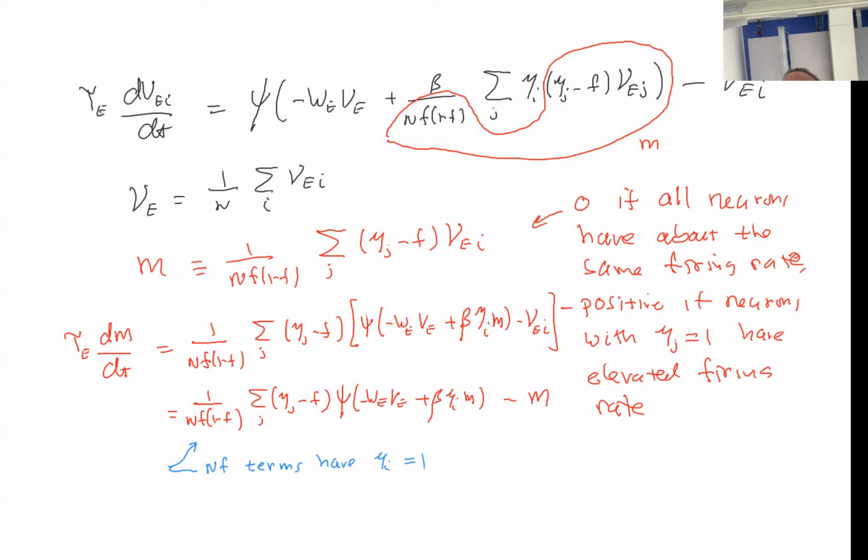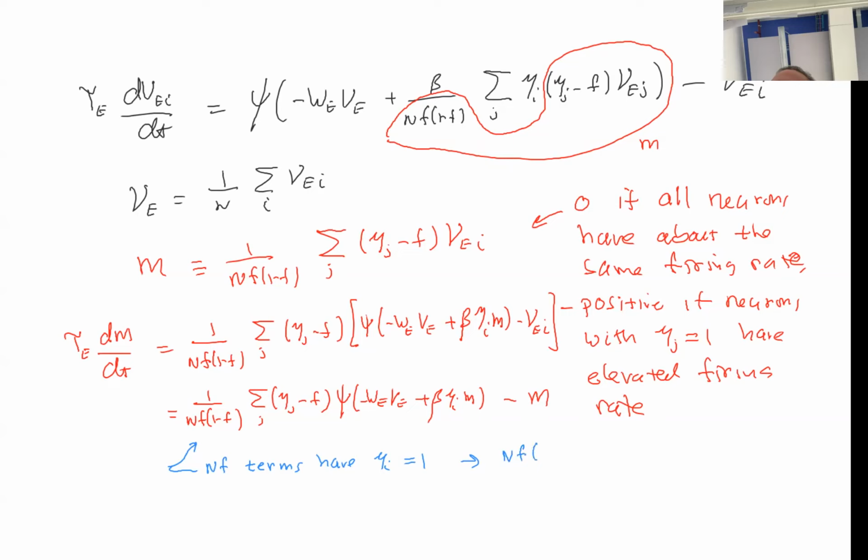And for those terms, you get this factor of 1 minus F, because eta j is 1.